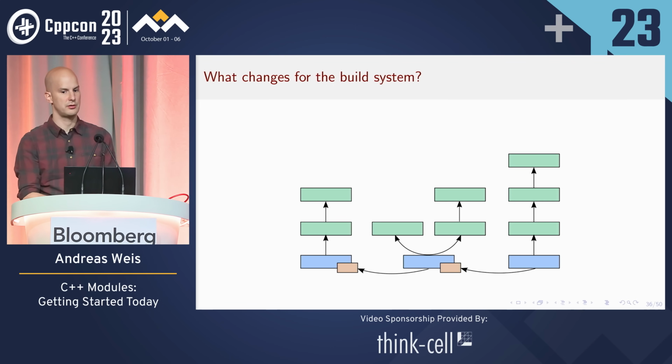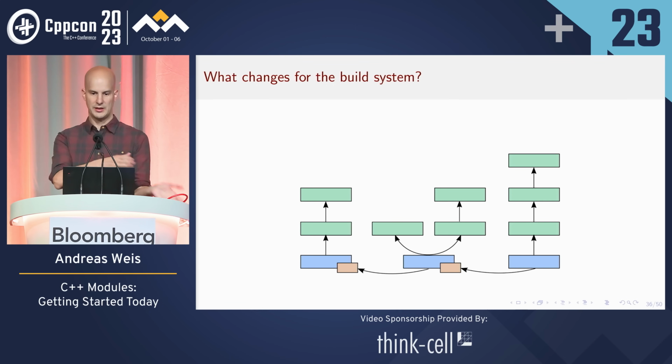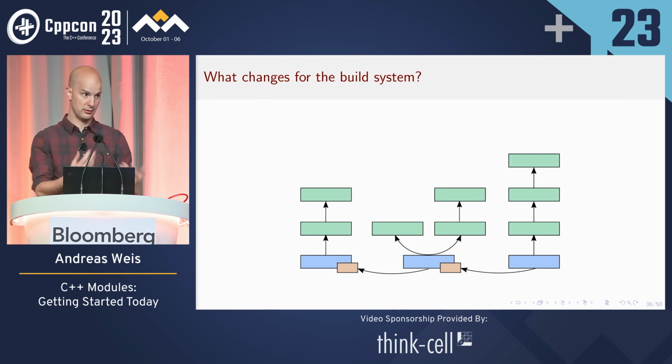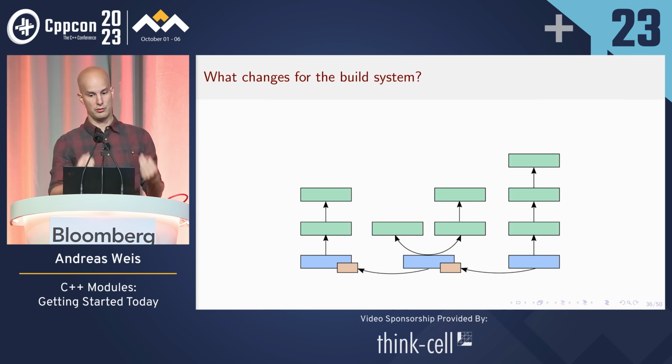And in order to produce a correct build, I have to build all of these blue source files in the correct order so that all of their dependencies are already available when I try to build them. That is the major difference in how the build system works in a pre-modules and in a modules world.